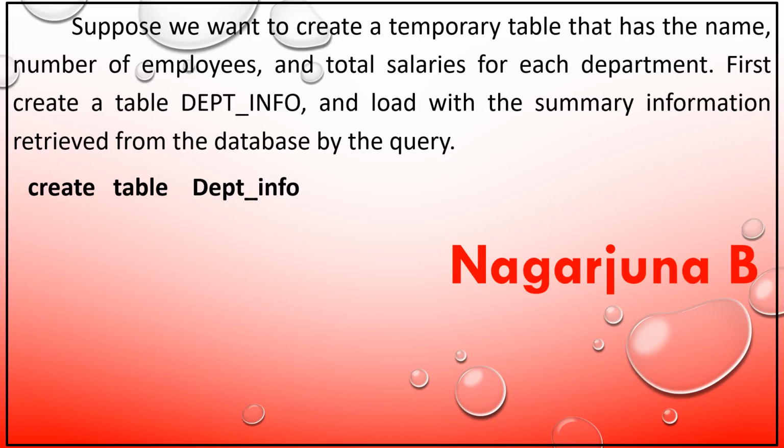After that, open the bracket, then the name of the first attribute, DEPT_NAME. Then one single space, the data type for that one, varchar within the bracket 10, comma.